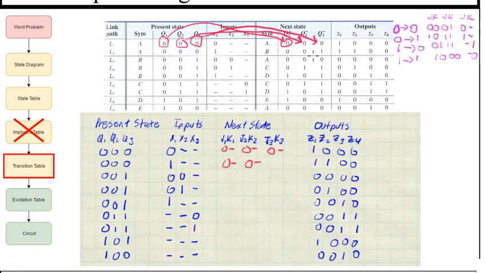And a 0 going to a 1 is a 1 dash. 0 going to a 0 is a 0 dash. 0 going to a 0 is a 0 dash. A 1 going to a 0 is a dash 1. 0 going to a 0 is a 0 dash. 0 going to a 1.